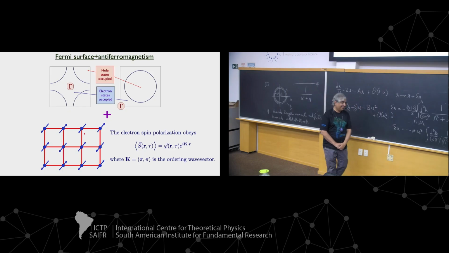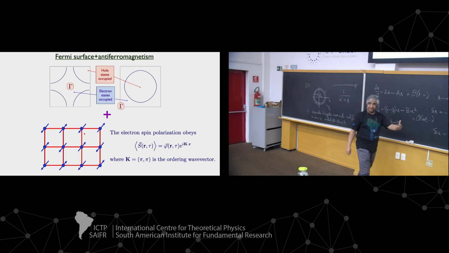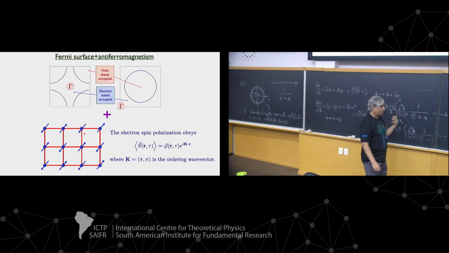So they said, we're going to solve the problem when d equals 3.99. They define epsilon, the famous epsilon, which is equal to 4 minus d. And you're going to solve it to first order in epsilon. I'll show you how they did that.